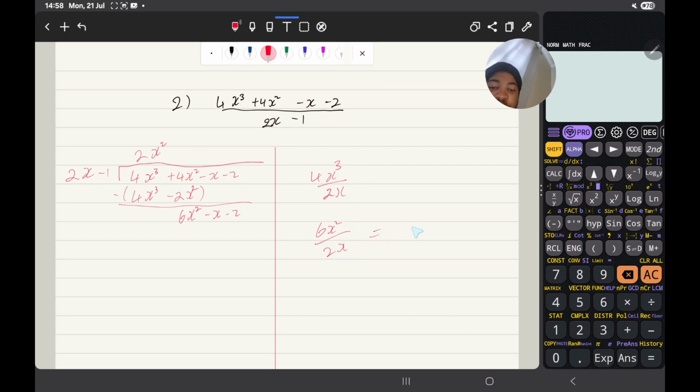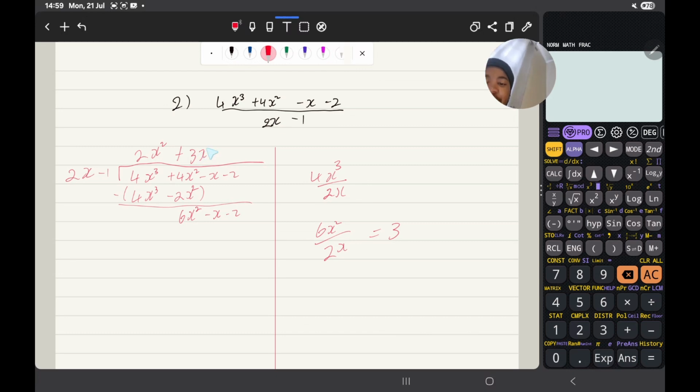This gives you 4 plus 4... wait, what? 4 minus minus is 6. Not 4, bro, not 4. It gives 3. So 3x.